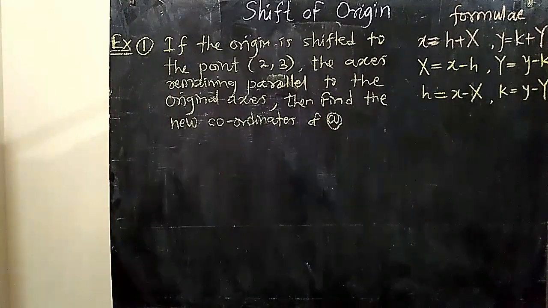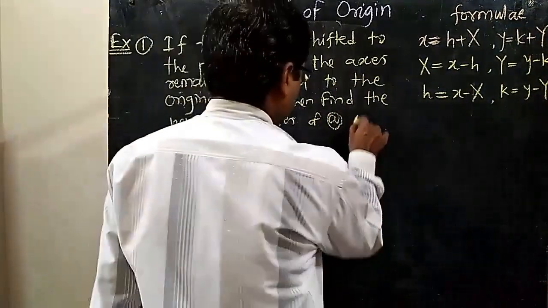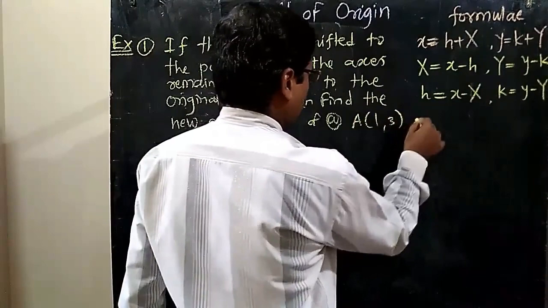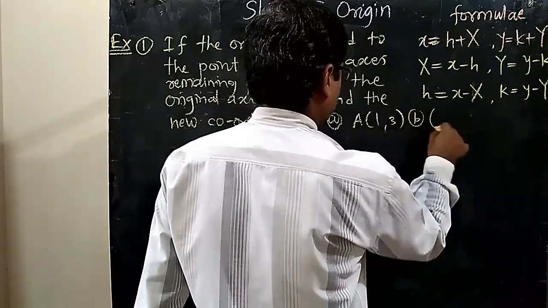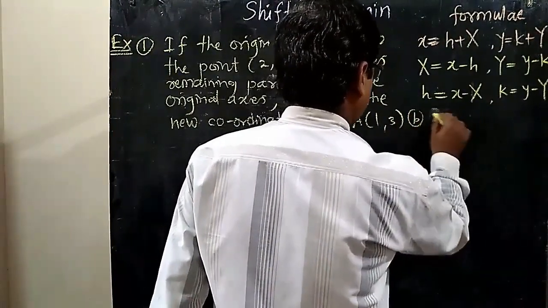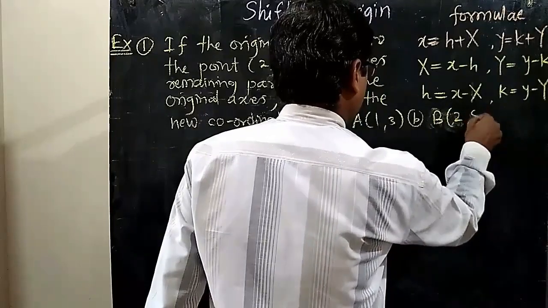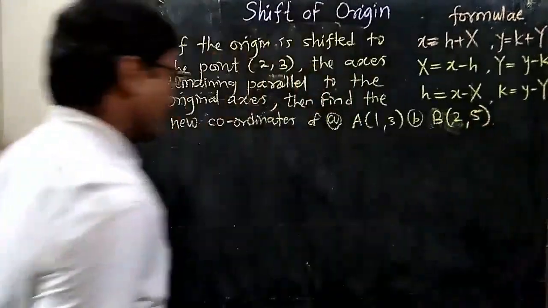First, A, that is (1, 3), and second, point B is (2, 5).